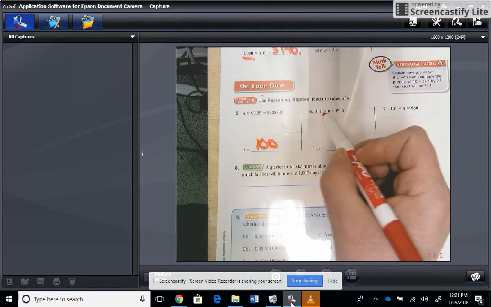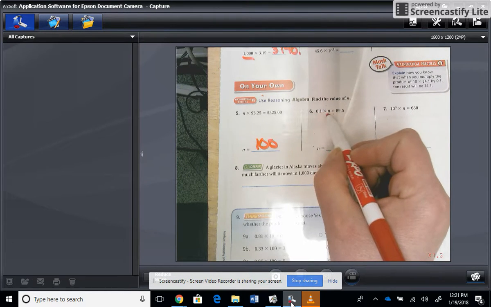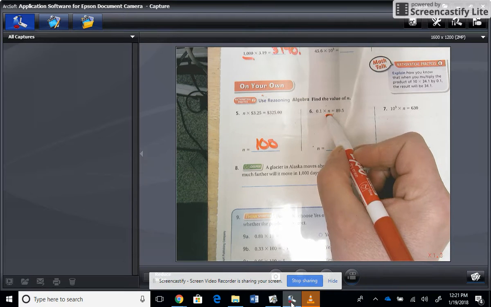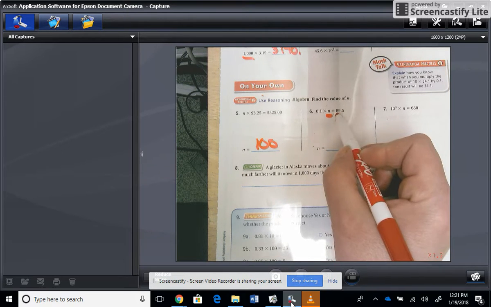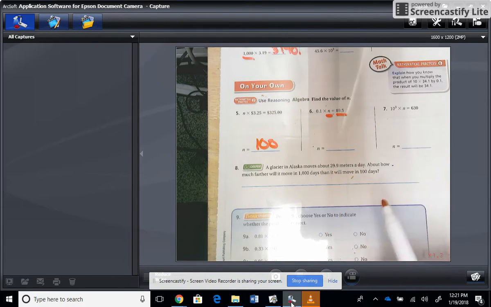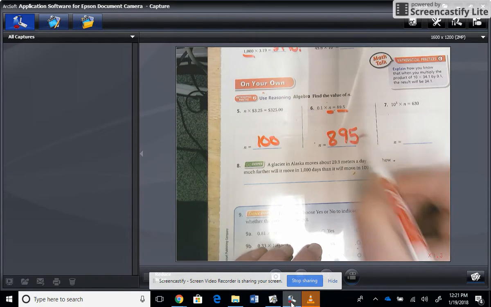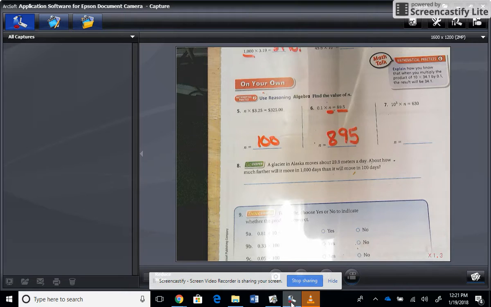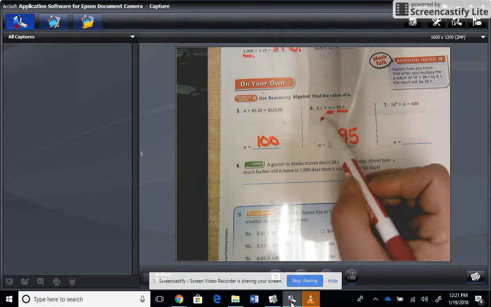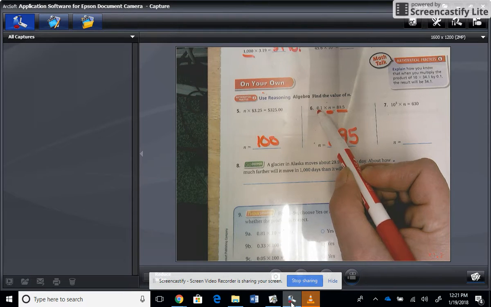So I know this number, the N, is going to stand for these digits, but probably not in the same place. So I'm just going to put those digits down here, and then I'm going to try and figure out how my decimal moves and how many places. Well, if I look at this, I am taking it times a part of a whole. So my number here is going to be smaller.